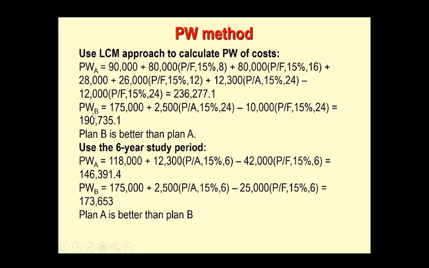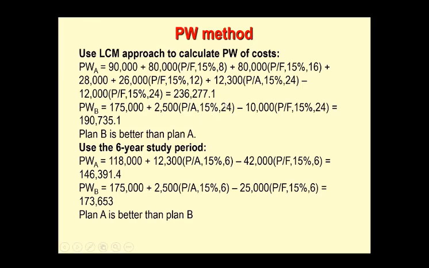Now plan B. Let's do plan B. Plan B includes the 175,000. What does it mean? It is the initial cost of the conveyor system, plus 2,500 times a factor.